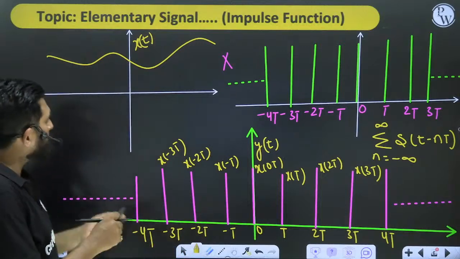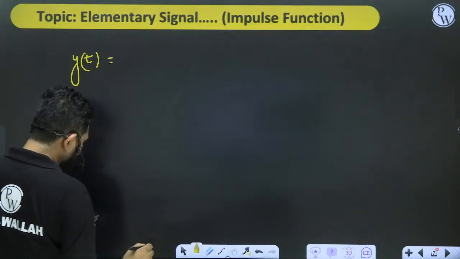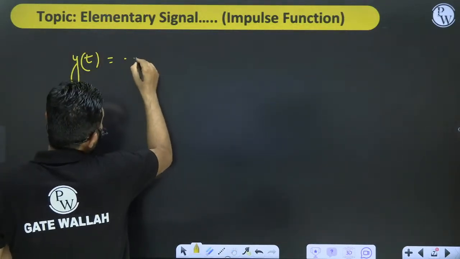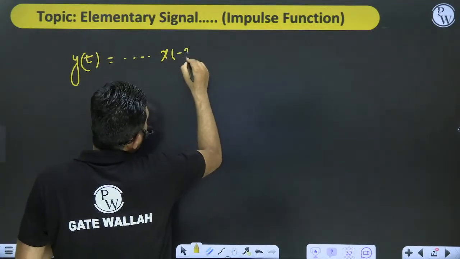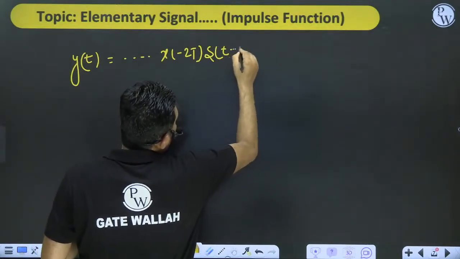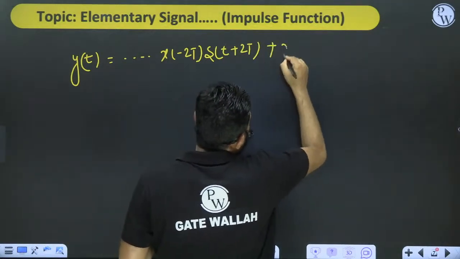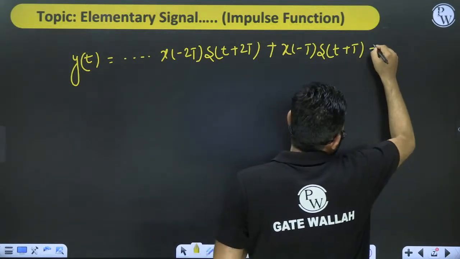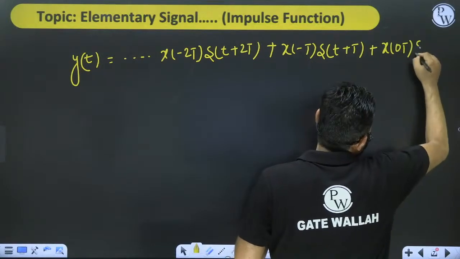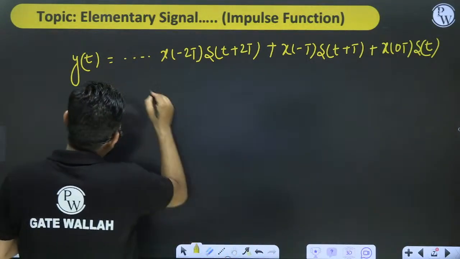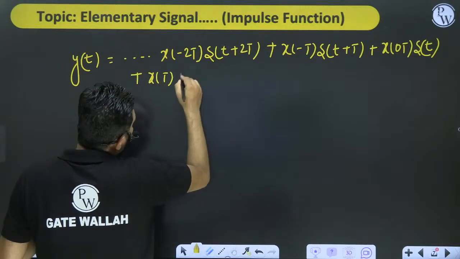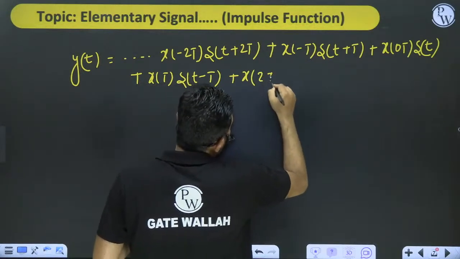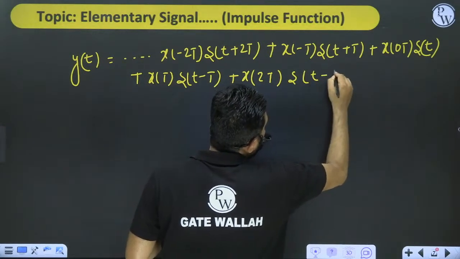And how will you write this discrete function? I will write this starting from here. Let me write from here to here. So what will you write? You will write dash dash dash x of minus 2T delta of t plus 2T, plus x of minus T delta of t plus T, plus x of 0 delta of t, plus x of T delta of t minus T, plus x of 2T delta of t minus 2T, and so on.